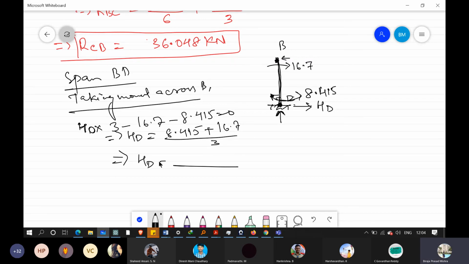Please calculate. 8.37. 8.37 kilonewton. Any other forces we need to determine here?